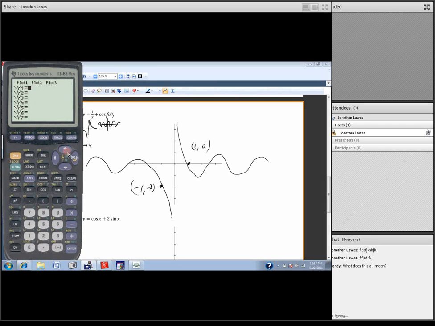Okay. Let's see, what have we got here? 1 divided by x plus cosine, and then we've got this pi x. And we'll graph. Hopefully we picked a decent window. Well, that looks pretty good there. Not bad at all. Let's hit trace and type in a 1. We got 0, that looks good, and type in a -1, and we got -2, okay?